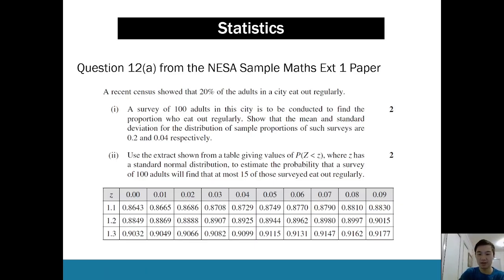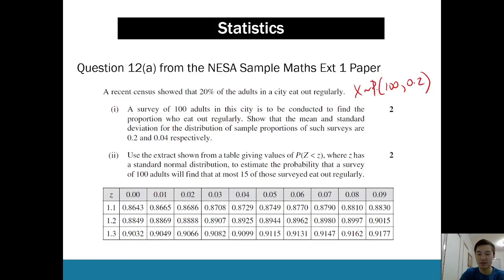Here, you either eat out or you don't eat out, so there are 2 outcomes. We have 100 adults surveyed, and from the census, we know that the actual probability of success of them eating out regularly is 0.2, so 20%.